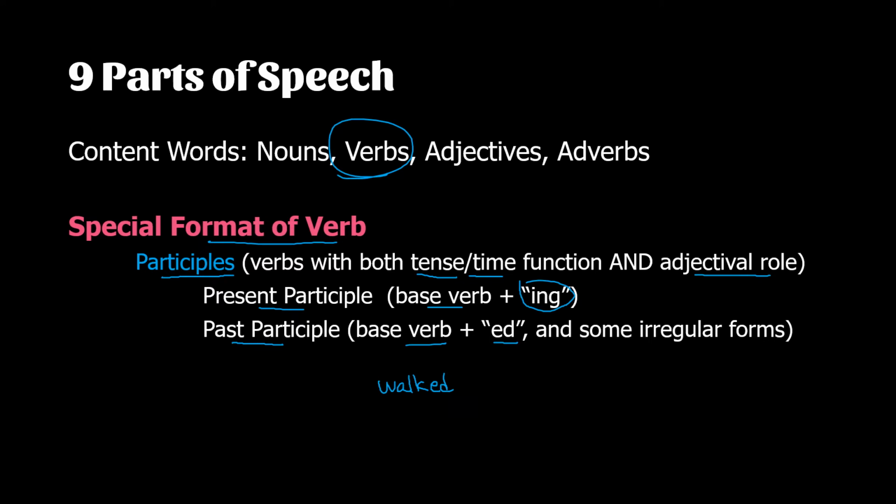So for example, if I have the verb begin, the past participle is begun. So past participles are used in verbs. Actually on the next slide, I'll show you how we use present participles and past participles.